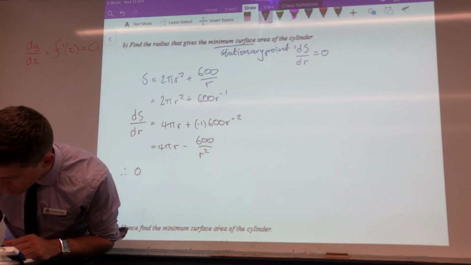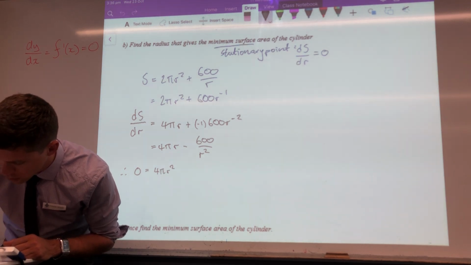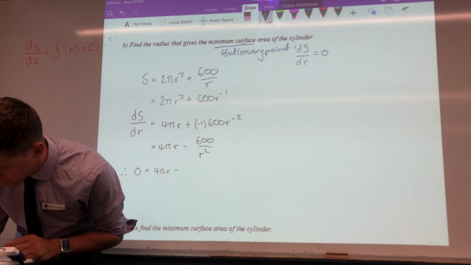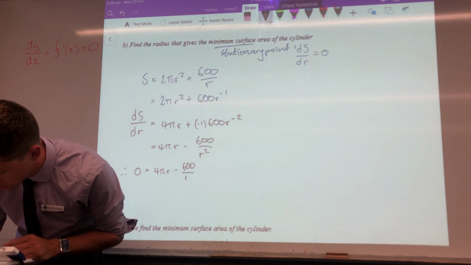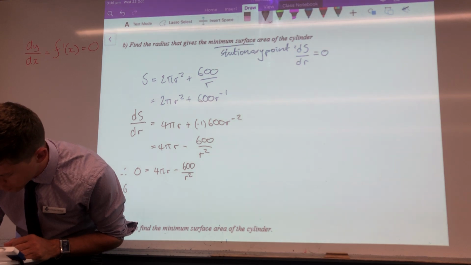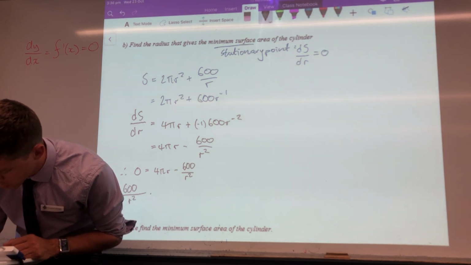So therefore, the minimum is at 0 equals 4 pi r take away 600 over r squared, or 600 over r squared is equal to 4 pi r.